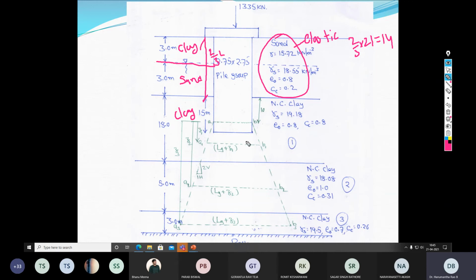In a second way, you ignore this entire layer. Consider only the 2/3 of this 15, the 2/3 of the clay layer, and calculate the consolidation settlement. So whichever is giving a reasonable value, we can consider as a reference value.